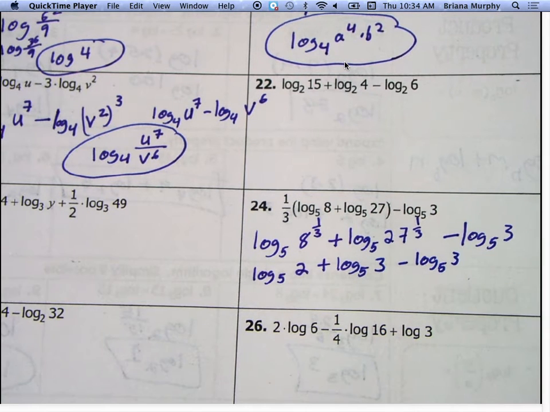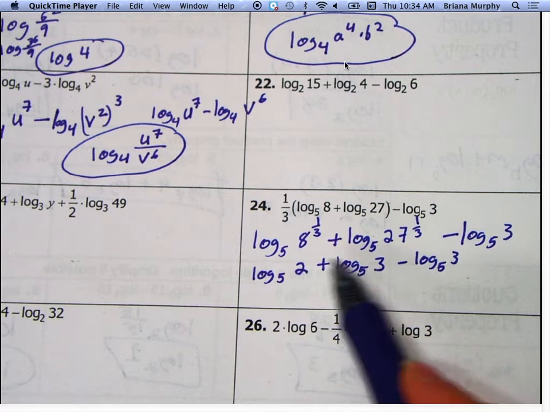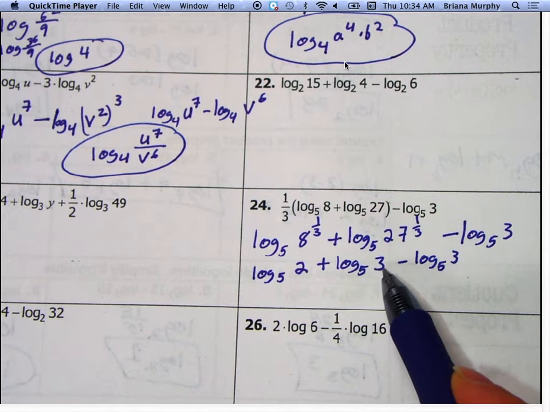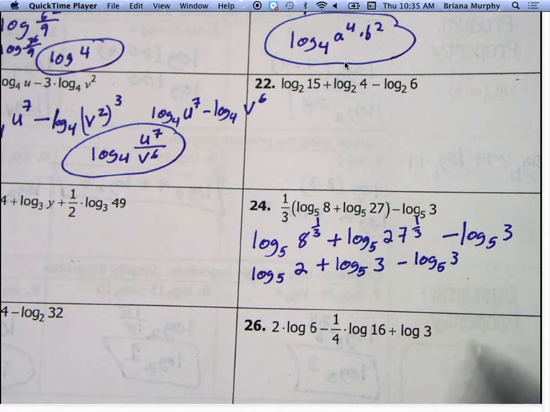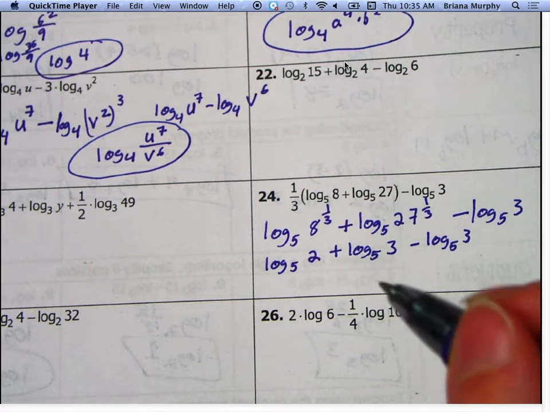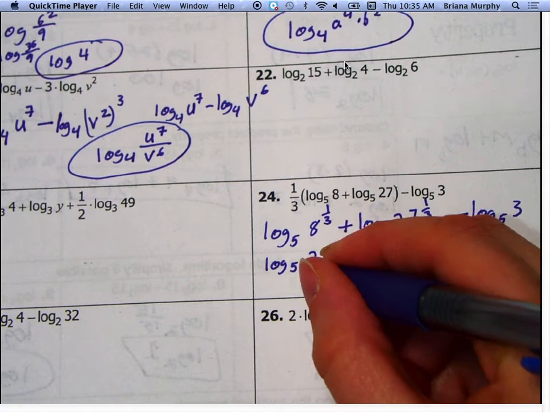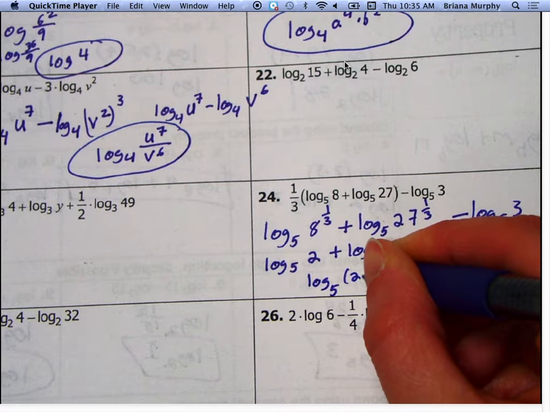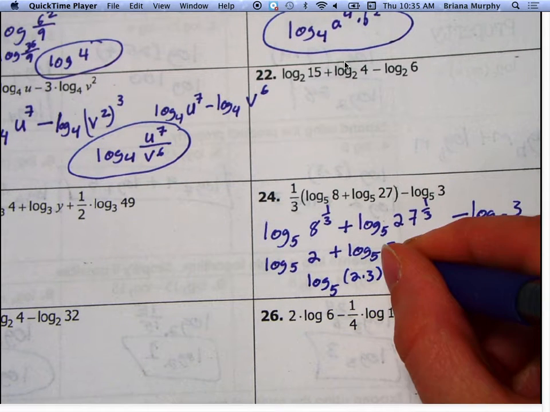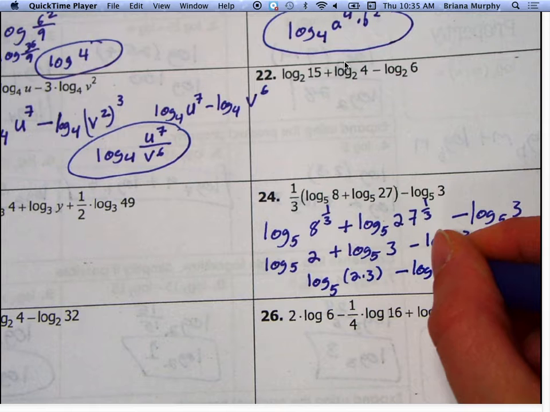So now, if we look left to right like we're reading, I'm going to do product property first, and then whatever that answer is, then I'm going to do quotient. Okay? So product property gives me log base 5 of 2 times 3 minus log base 5 of 3.